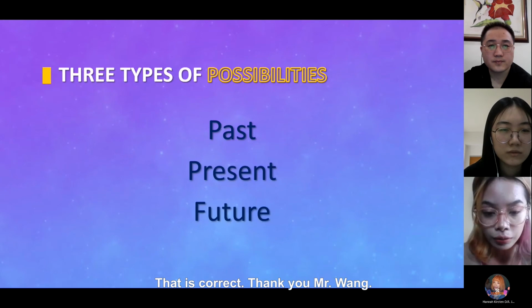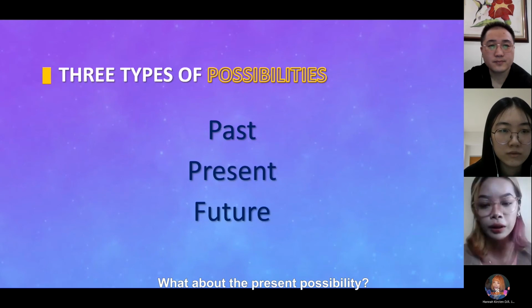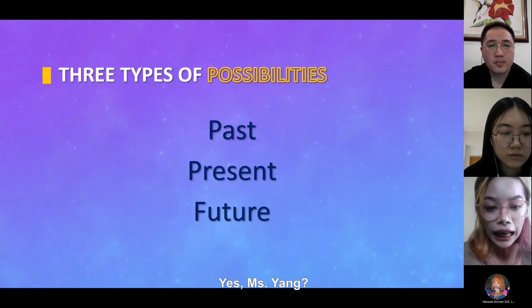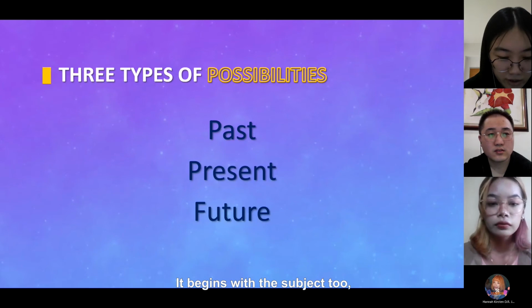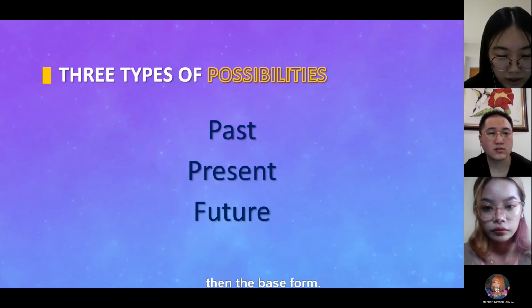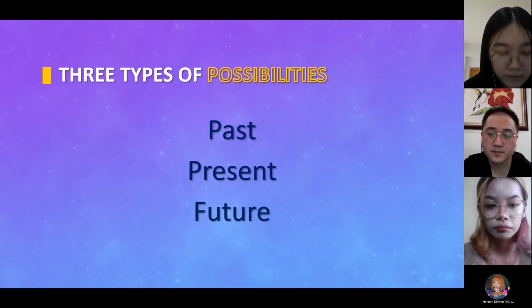That is correct. Thank you, Mr. Wang. What about the present possibility? Yes, Miss Yang? It begins with the subject, followed by the modal verb, then the base form.